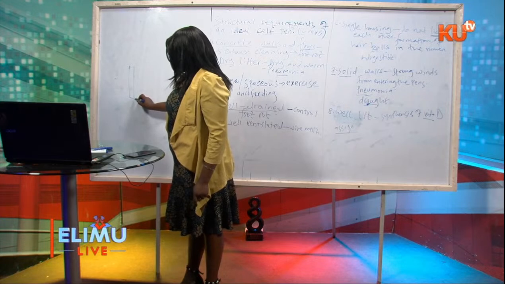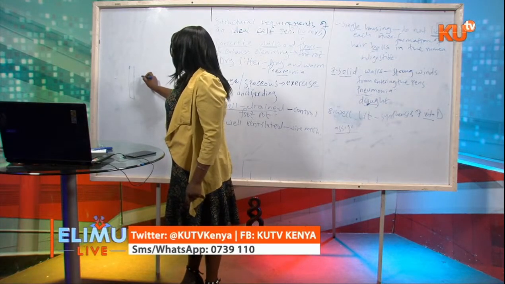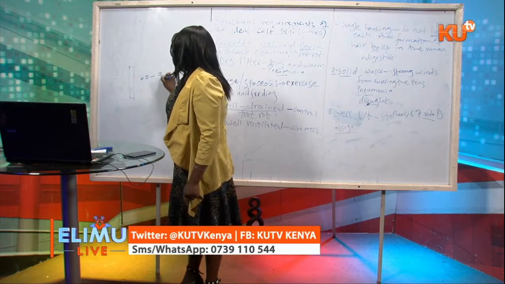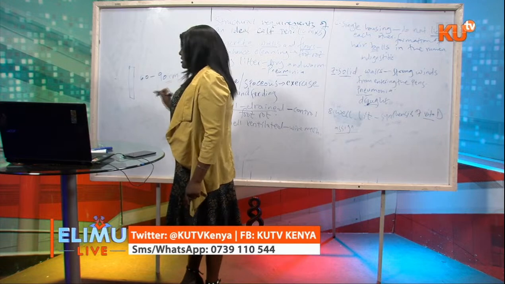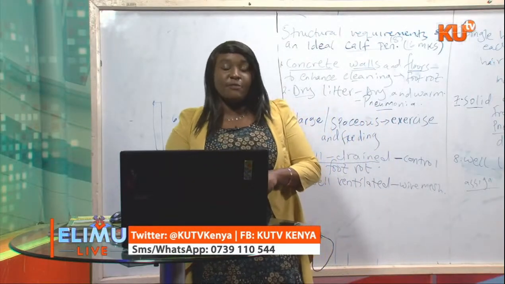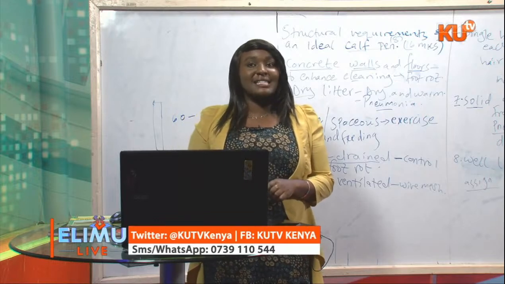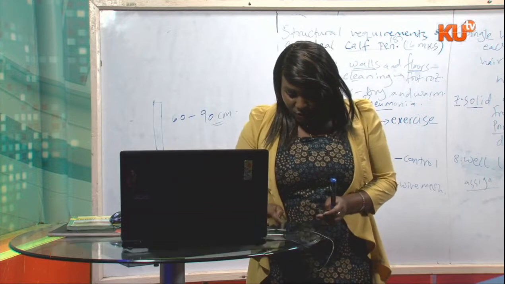The four posts should measure a height of between 60 and 90 centimeters. 60 and 90 centimeters is the ideal height for a raised calf pen, the one that we said has slatted floors. Thank you very much. That is a very good question.